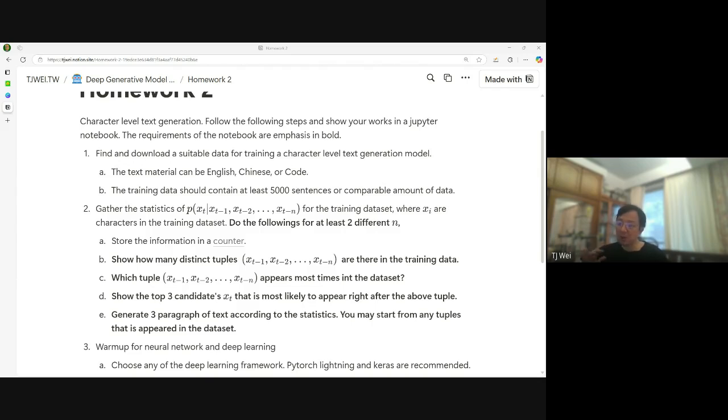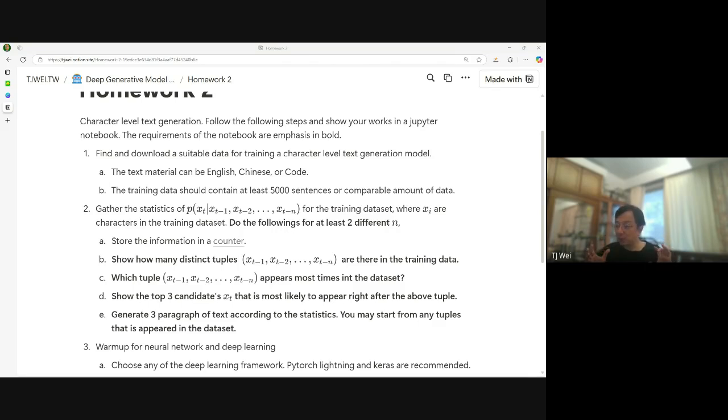Our goal is to let you get a feeling of what the autoregressive model can do and what the limitation of the context window is, which is covered in the part where we talked about the n-gram.